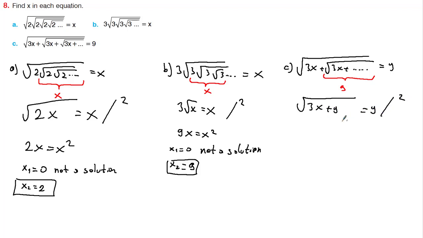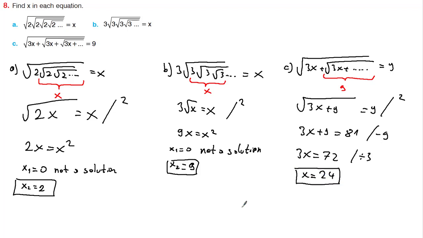Square both sides to get rid of this root, so 3x plus 9 is equal to 81, which is 9 squared. Get rid of this 9, so 3x is 81 minus 9, 72. Divide both sides by 3 and you get x is equal to 24.